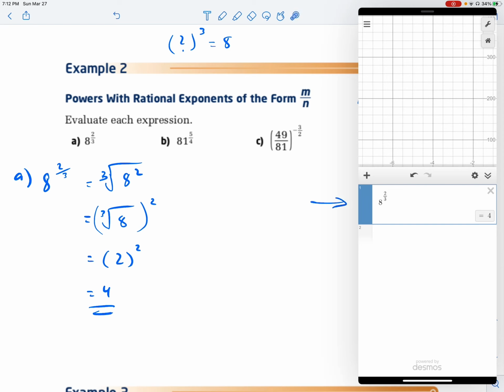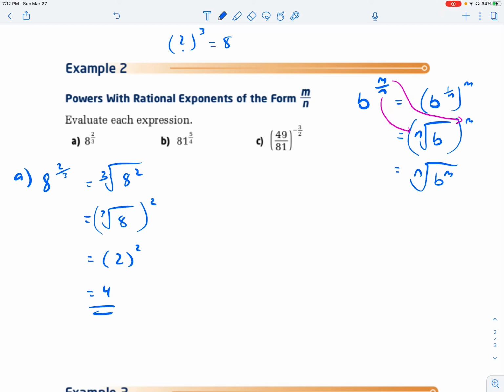Some calculators allow you to enter stuff in this form, but they have to be a special calculator to do that. Most of the time, you're going to want to put them in this form when you want to check your answer. I don't want you to just go from here to here, unless the question is really easy. Otherwise, I do need to see some kind of process for how you arrive at your answer.